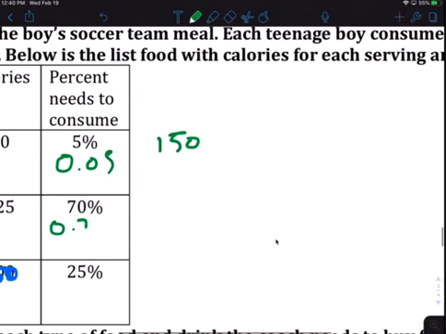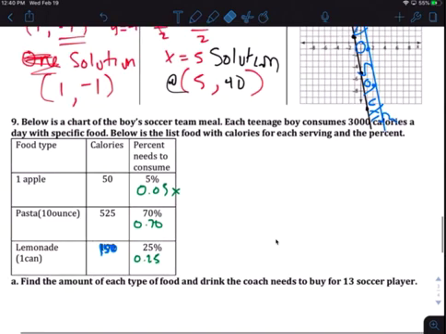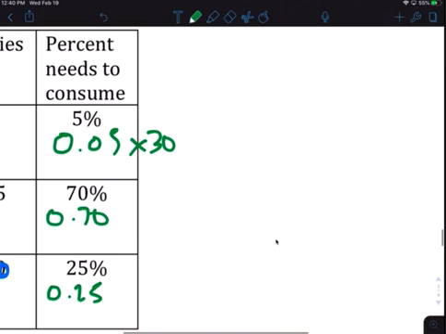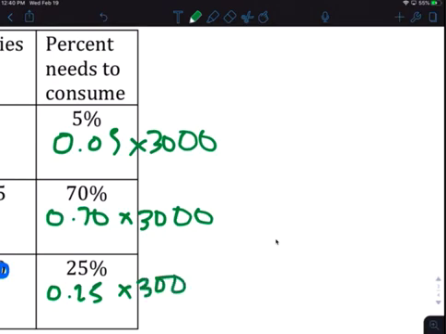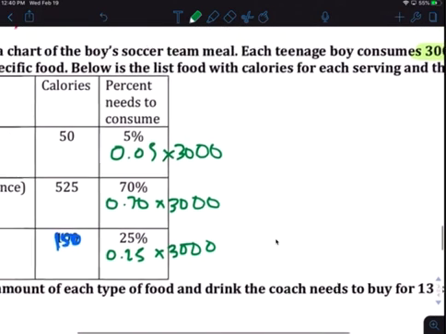0.05, 0.70, 0.25. Multiply it all by the total calories, which is 3,000 times each. Okay.